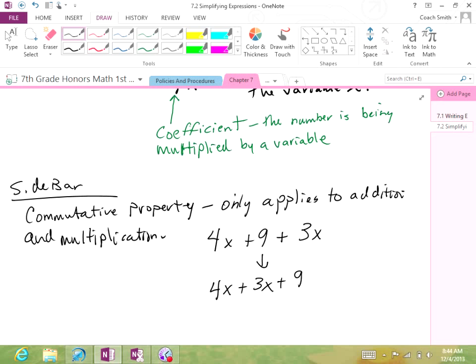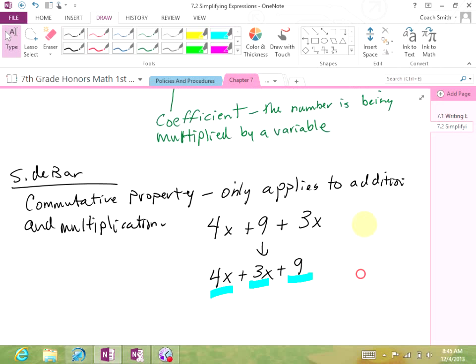Now, as that problem sits right there, how many terms do I have in it? Right. You have 3 terms. You have 1, 2, 3. And the easiest way to tell terms, they'll be separated by addition or subtraction sign.